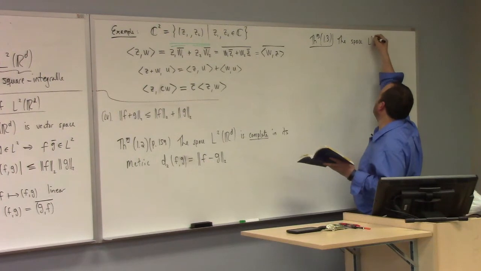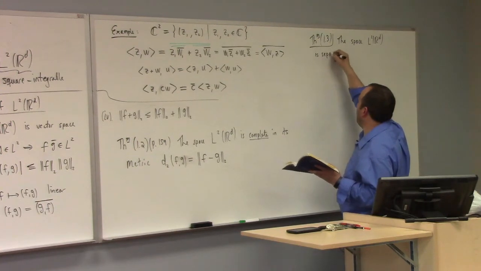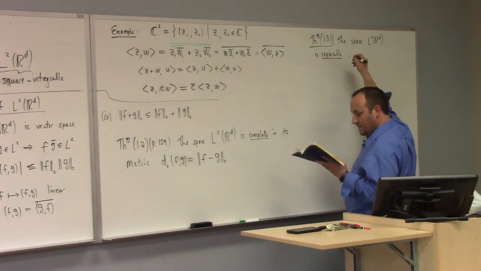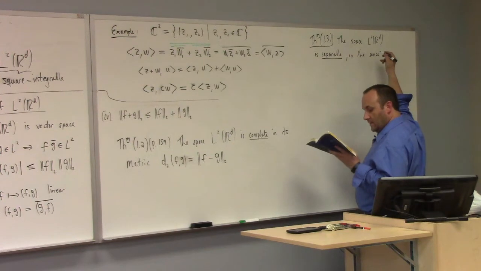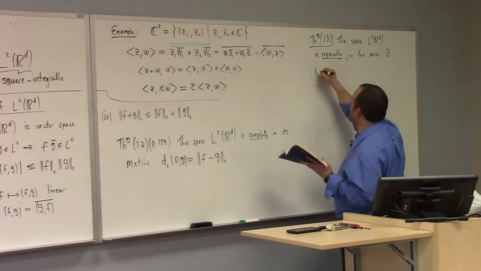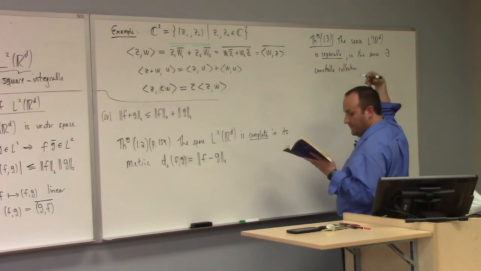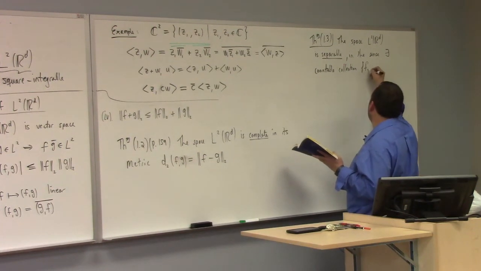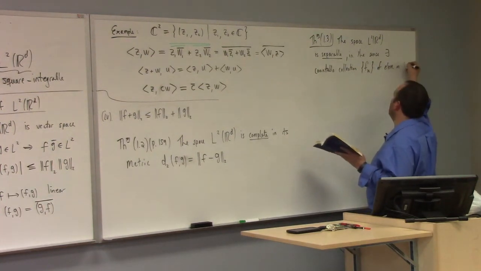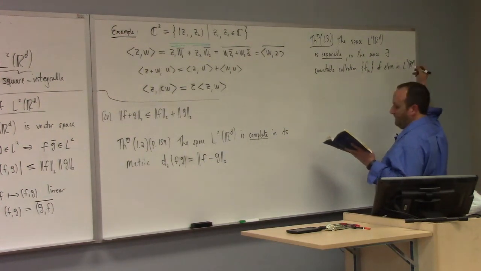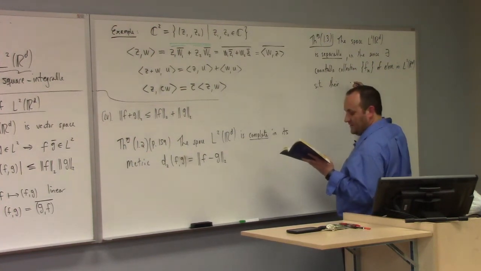The space L2(R^d) is separable in the sense that there exists a countable collection f_k of elements in L2(R^d) such that their finite linear combinations are dense.